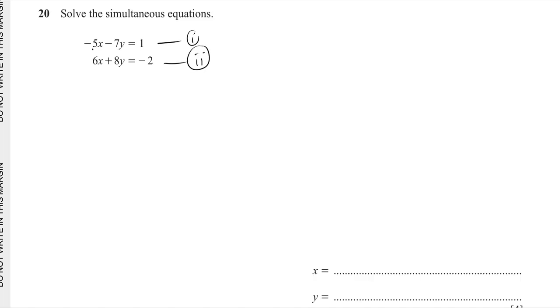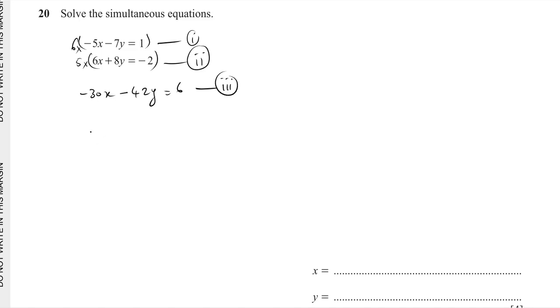To eliminate these, we have to make these two equal to each other. So I'm going to multiply the whole first equation by 6, and multiply the whole equation number 2 by 5. First is going to be negative 30x minus 42y equals 6. That's equation number 3.